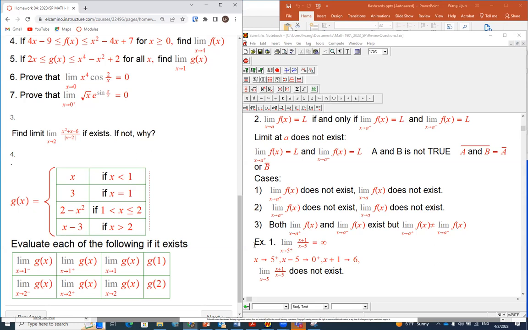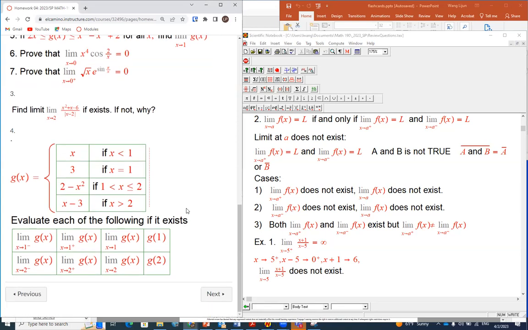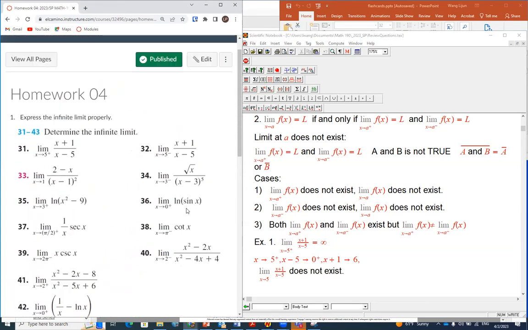You can see from this example that if a one-sided limit does not exist, which is infinity, then the limit at that point does not exist. All right, I hope that covers that part.